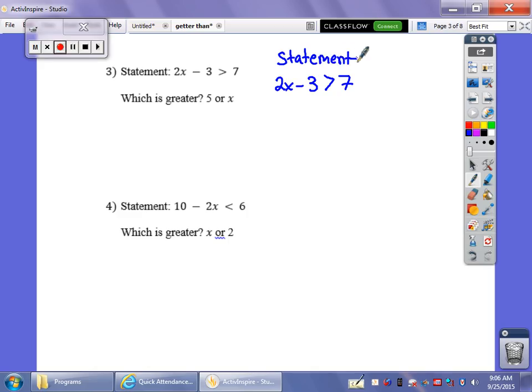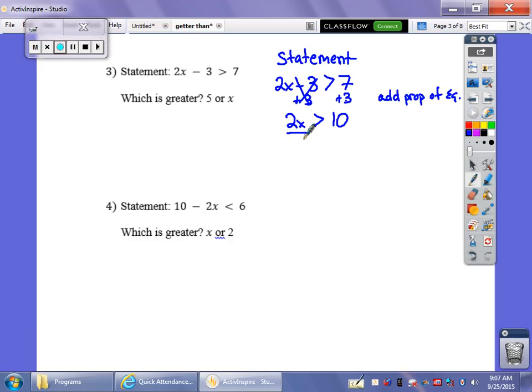And now to solve this, the first step we would do is add 3 to both sides. That's our addition property of equality. That crosses off and we're left with 2x. We use the same symbol, is greater than 7 plus 3 is 10. So 2x is going to be greater than 10.